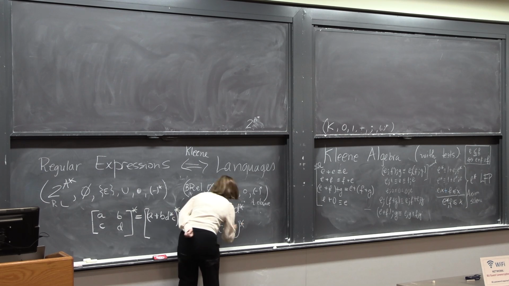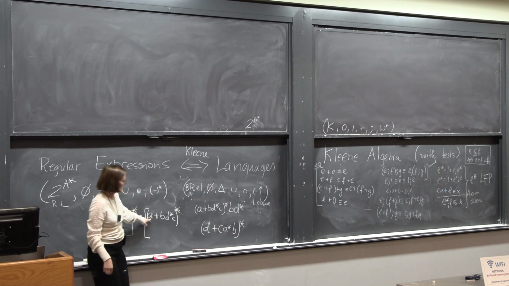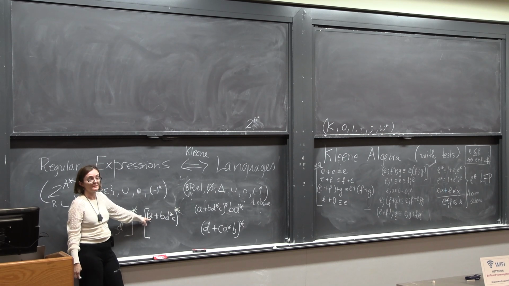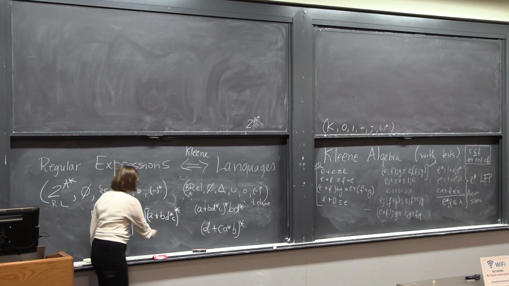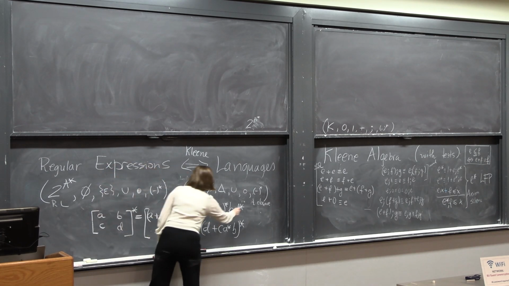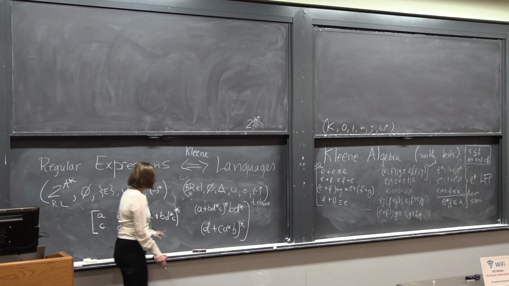From 2 to 2 is a symmetric thing to 1 to 1, where the A becomes D and the D becomes A. And then on this side, you get something very similar. This is in the notes as well.